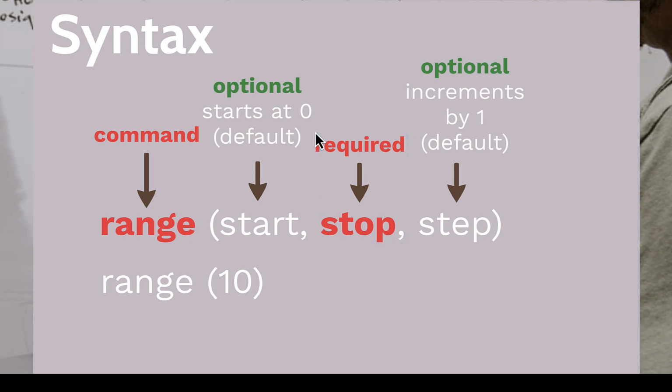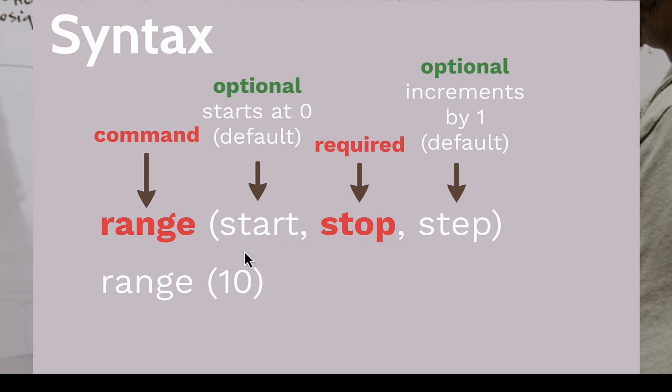If we take a look at the syntax of range, this is the command. We're going to have our open and close parentheses, and the only thing that's required is the stop, because then by default our start value is going to be at 0, so we don't need to put it in unless we're specifying a specific value that we're starting up. And also our step value is also optional if we're incrementing by 1. So we can change these things very easily.